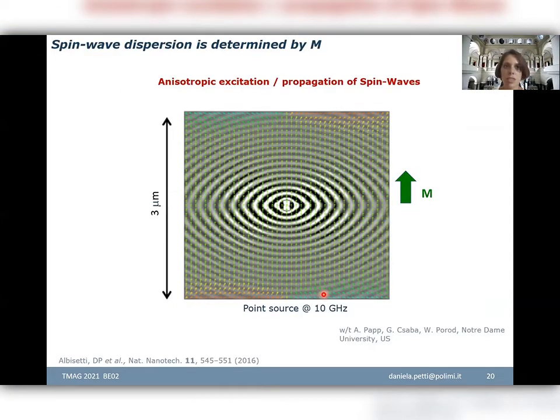And the application is related to spin waves, because spin waves, as you can see here from this simulation, have an anisotropic excitation and propagation, which depends in the end on the direction of the magnetization. So the idea is to exploit the control of the direction of the magnetization to control spin waves.